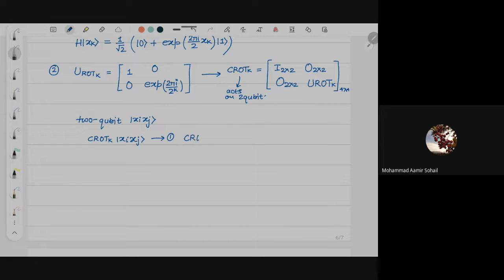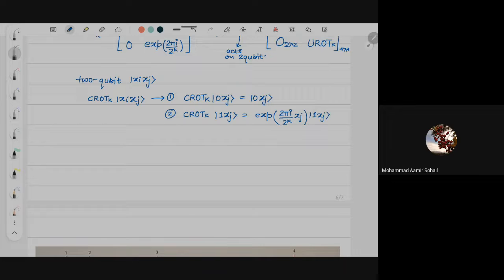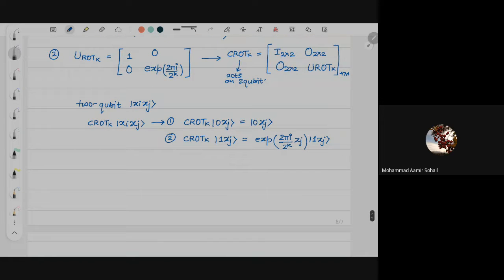If C rotation k acts on 0 xj, then we will get 0 xj. And the second case is C rotation k on 1 xj, we will get exponential 2 pi i by 2 raised to k xj, 1 xj. So I think it's fairly clear why we got this one.